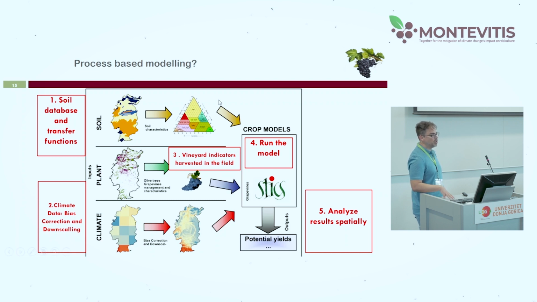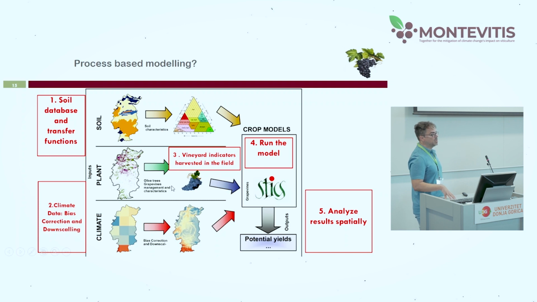This is very important. Imagine if we have a vineyard that is in a specific box. Obviously, every vineyard will be impacted the same. So we apply this downscaling, which is very important.